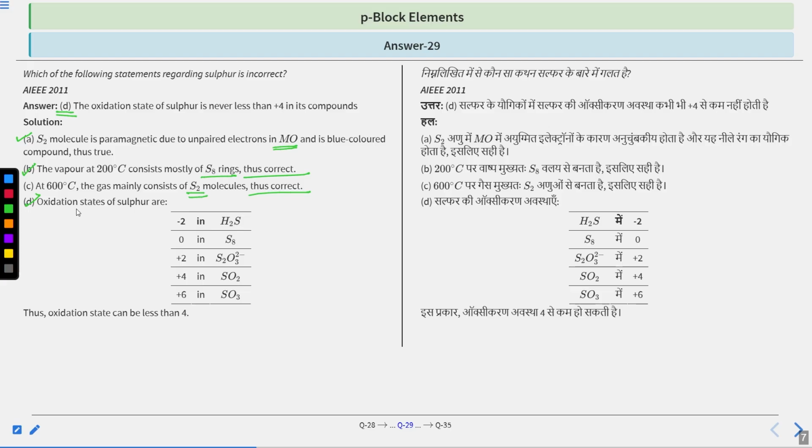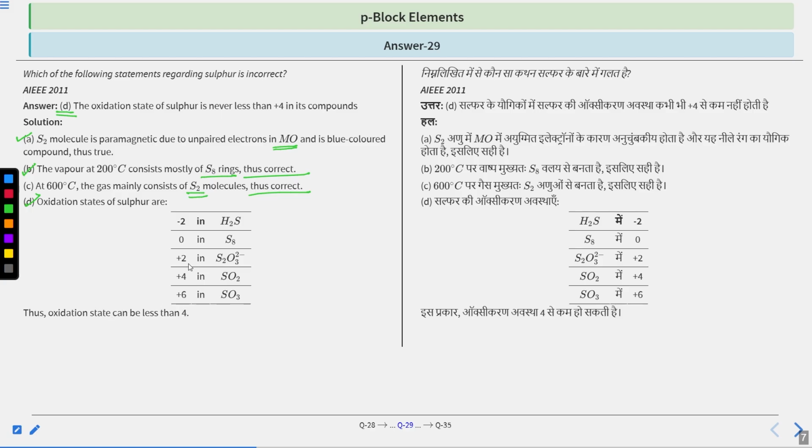In option D, if you see the oxidation states of sulfur, in H2S it is -2, in S8 it is 0, in S2O3 2 negative it is +2, in SO2 it is +4, in SO3 it is +6. So the oxidation state can be less than +4.